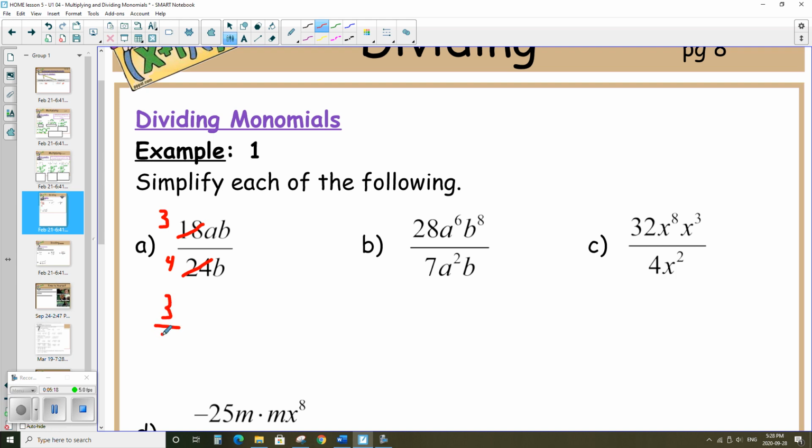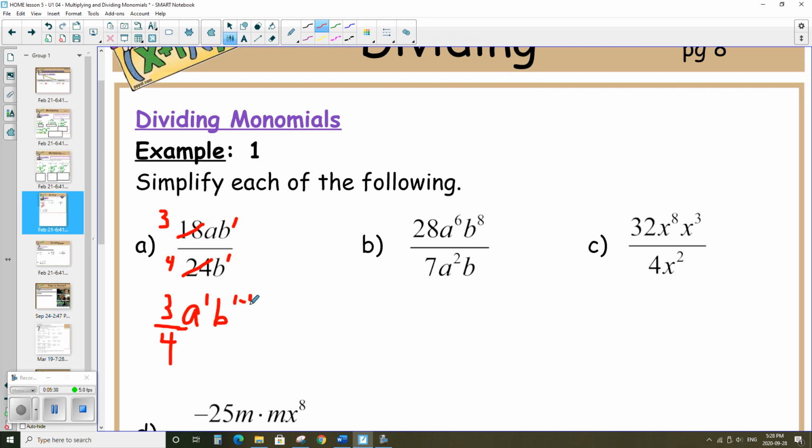So 3 over 4. And then for the letters, we have a to the exponent of 1, and there's no a at the bottom. And then for the b's, the top one has a 1 and the bottom one has a 1. So since we're dividing, we're going to subtract those. And I'm showing my work, right?